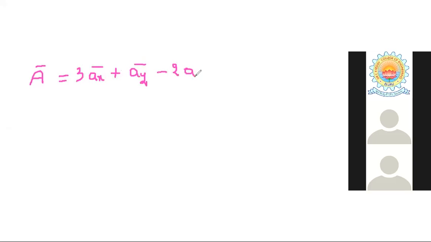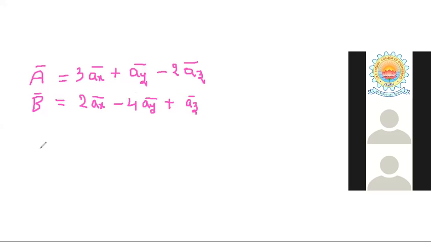Then the other vector B bar is taken as 2ax bar minus 4ay bar plus az bar.